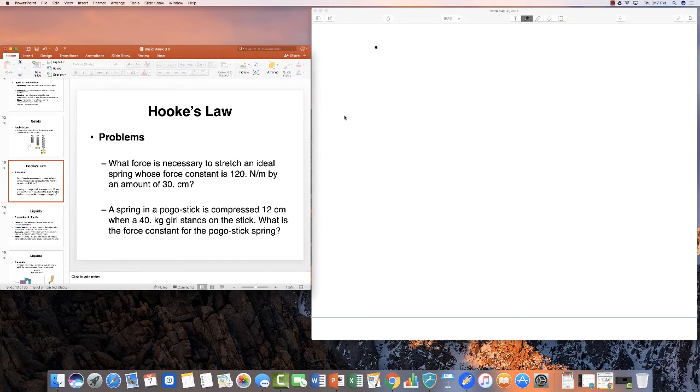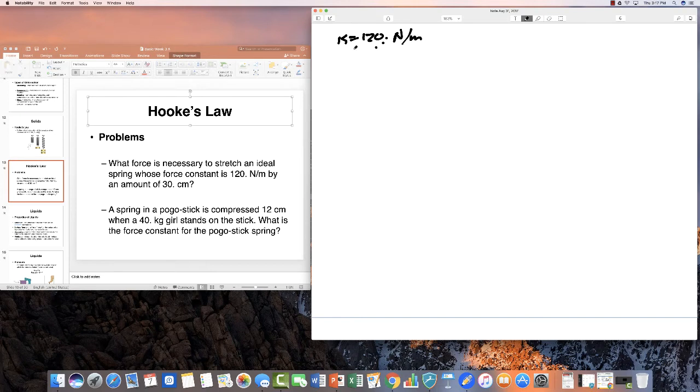So that means that K is equal to 120 newtons per meter. And the distance is 30 centimeters, or since this is in meters, let's change this to meters, which would be 0.3 meters.